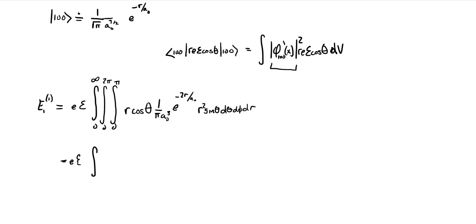Over the r integral, we have from 0 to infinity r cubed e to the minus 2r over a naught dr, the polar angle from 0 to pi of cosine theta sine theta d theta, then the integral from 0 to 2 pi of d phi.